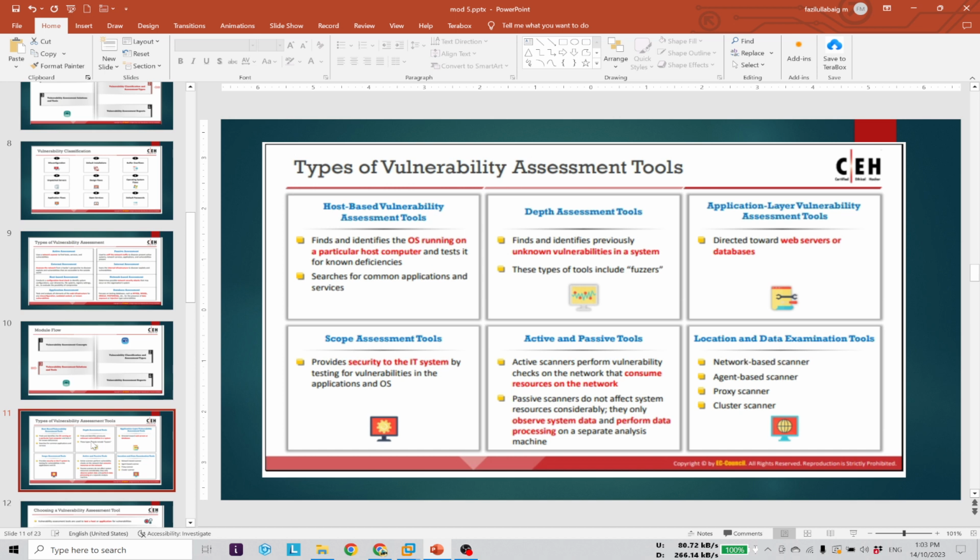Types of vulnerability assessment tools are host-based vulnerability assessment tools. If you want to learn more about the tools available on the internet, you can just Google the particular topic.